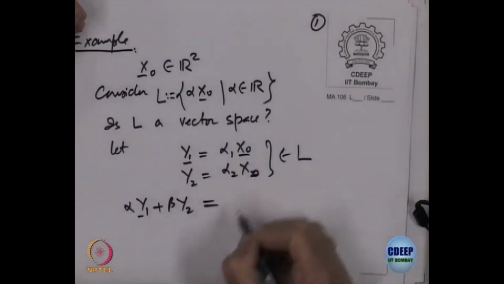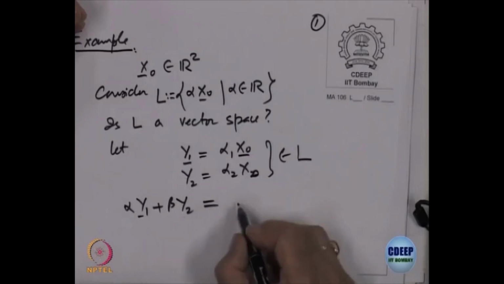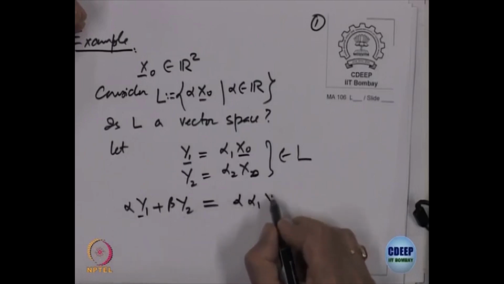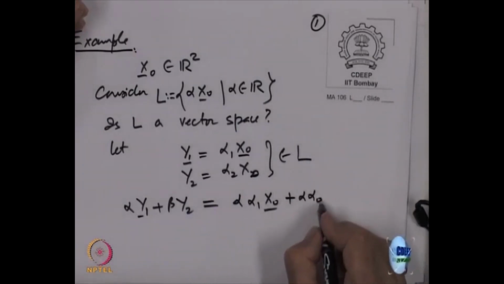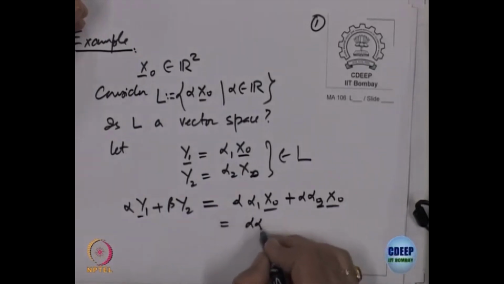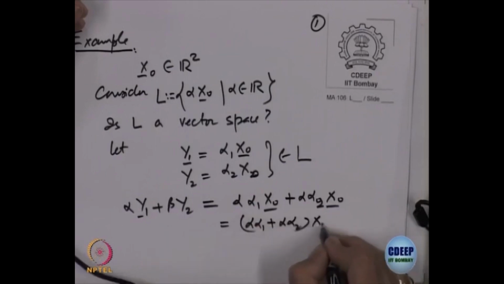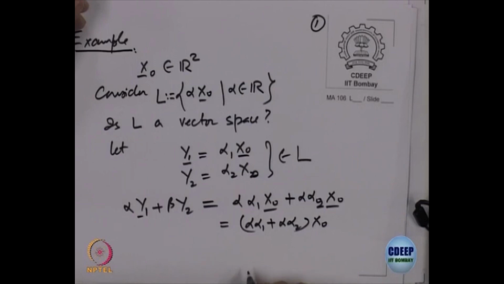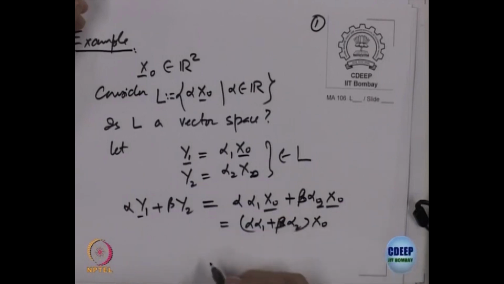That is alpha alpha1 x0 plus beta alpha2 x0. What is that equal to? Alpha alpha1 plus beta alpha2, times x0.